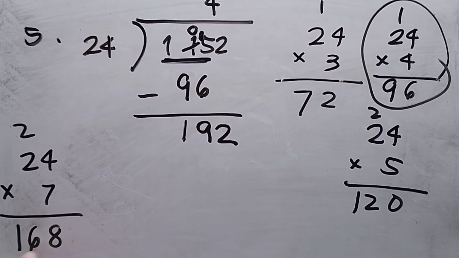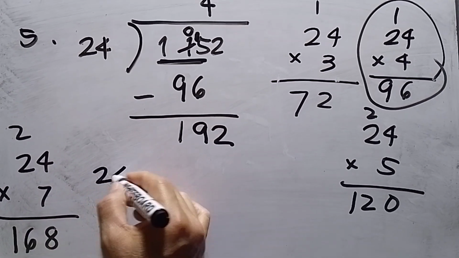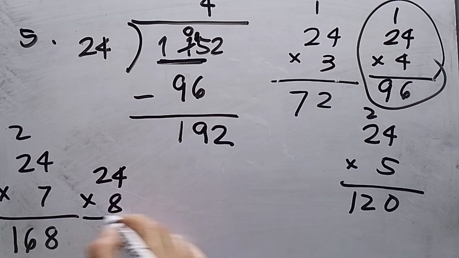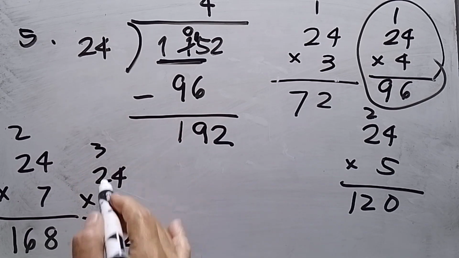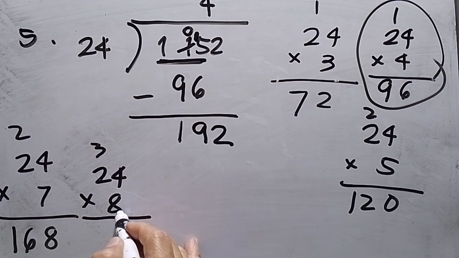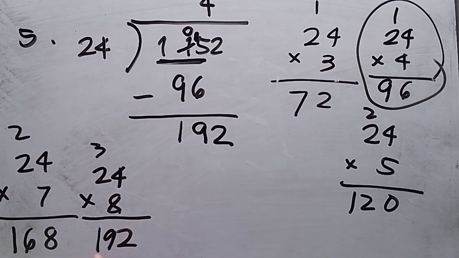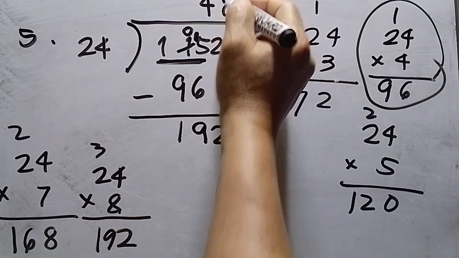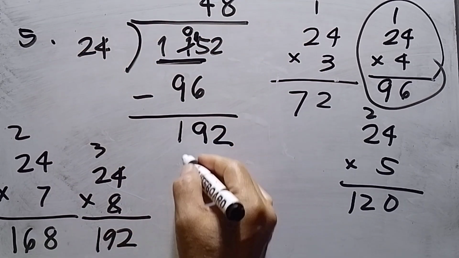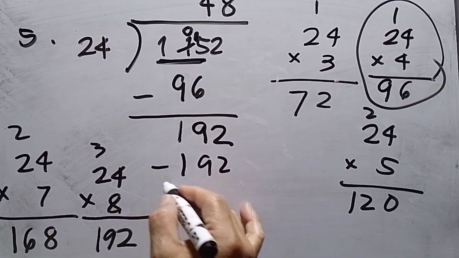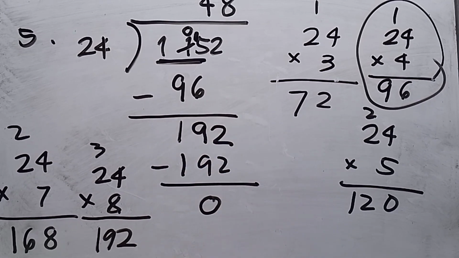And then we have only 168. So what if we increase by 1? So this will be 32. Carry 3. 2 times 8, 16. Plus 3, 19. So that's exact. So this will be 8. So 8 times 24 is 192. And then take away, that will be equal to 0.